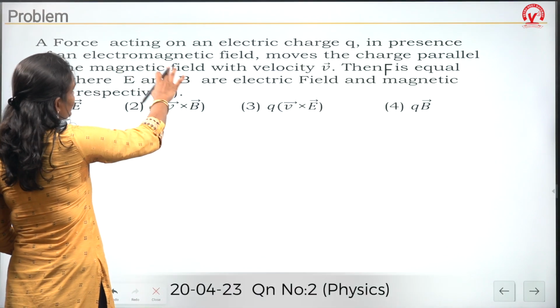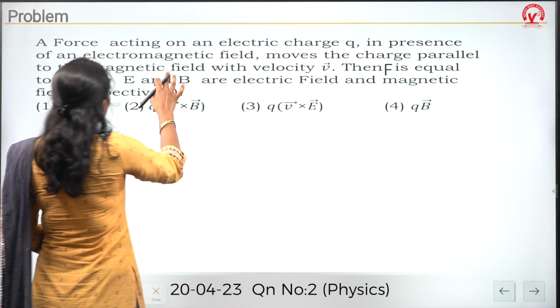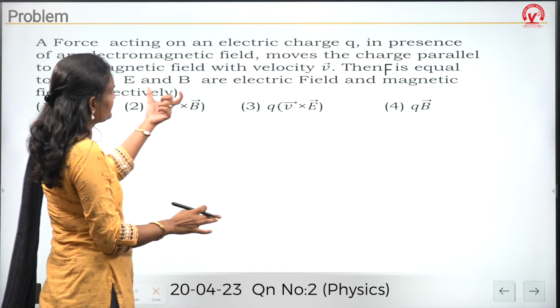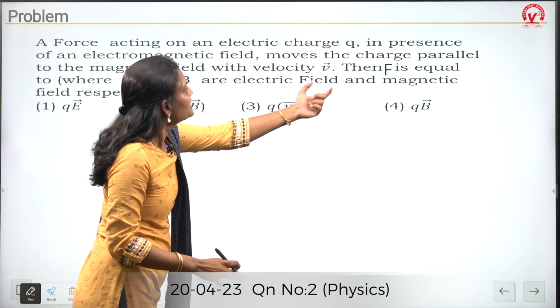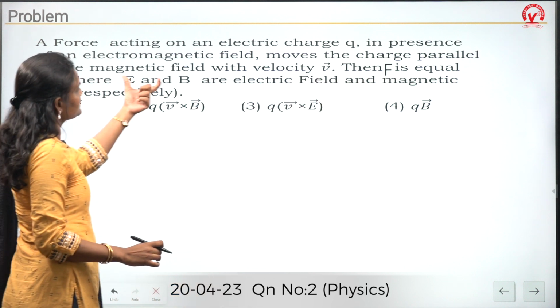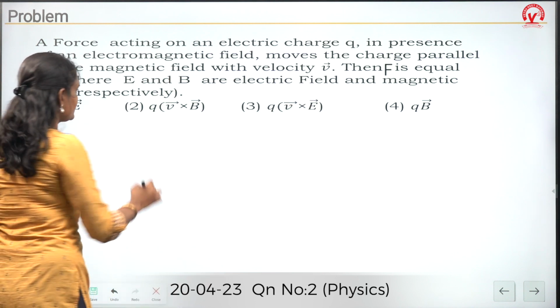A force acting on an electric charge Q in the presence of an electromagnetic field moves the charge parallel to the magnetic field with the velocity v. Then F is equal to what? E as well as B are the electrical field and magnetic field respectively.